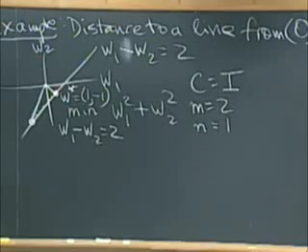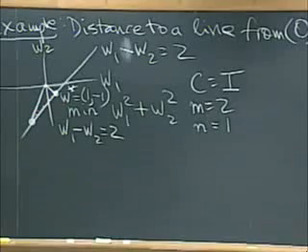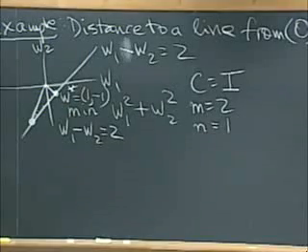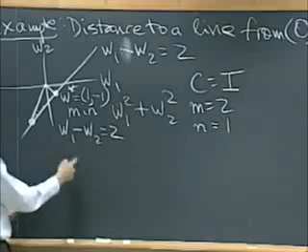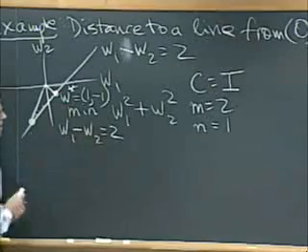But how to approach problems like this? So now I ask you the question. How do I deal with a constraint? I'm open to suggestions. I could just substitute. This constraint tells me that W1 is 2 plus W2.